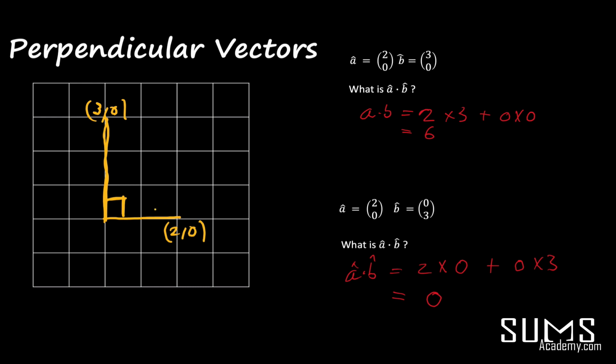So we now need to think about why the dot product of these would be 0. I've drawn this the wrong way around, apologies. So this is (0, 3), not (3, 0), and the other is (2, 0).